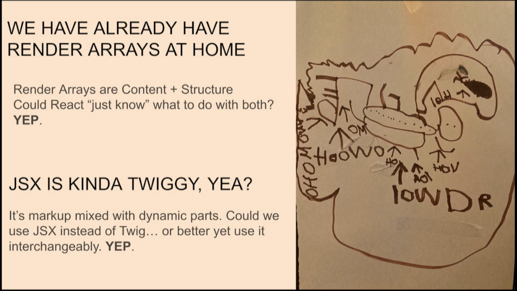With JSX, you have way more logic available to you. Last I knew, Twig didn't have a fetch, but one of the people here probably has made a module that does that that I'm unaware of. But JSX is twiggy. So if we could convey that structure and we could use JSX components in place of Twig templates, seems possible, right?